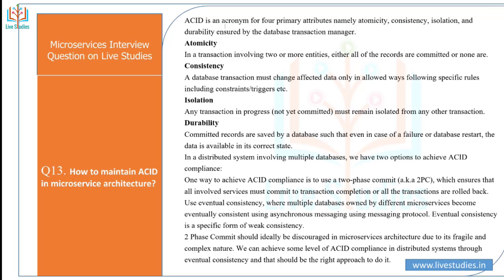Eventual consistency is a specific form of weak consistency. Two-phase commit should ideally be discouraged in microservices architecture due to its fragile and complex nature. We can achieve some level of ACID compliance in a distributed system through eventual consistency, and it should be the right approach to do it.